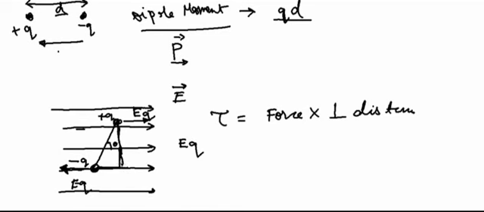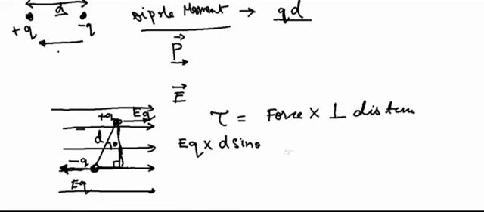From trigonometry, we know that the distance between the two charges is d, and this is theta, so this perpendicular will be equal to d sin theta. So, Eq into d sin theta.